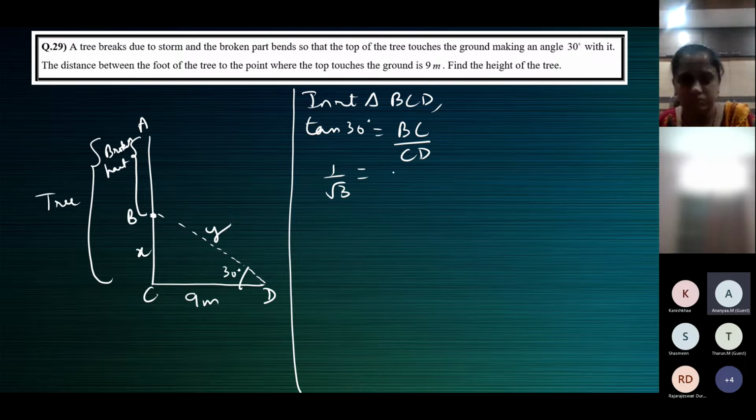The final answer I got is 15.588. Okay, so that is different from 3√3. Let me see.